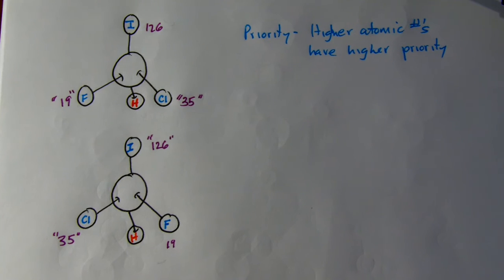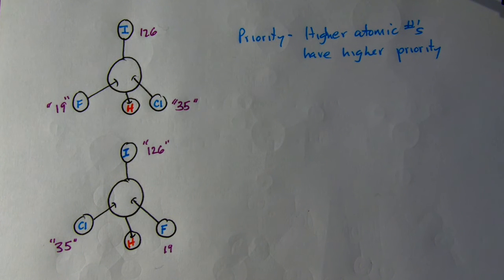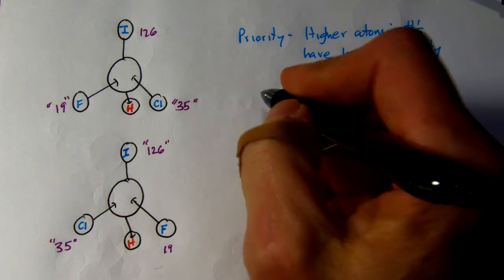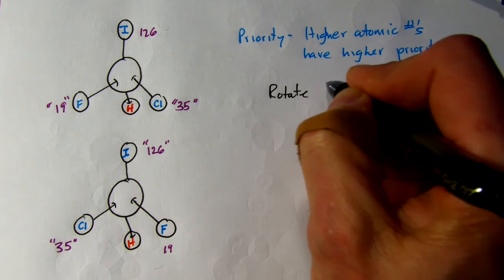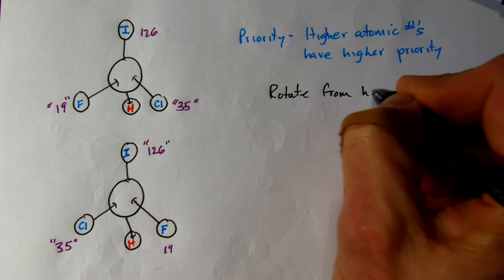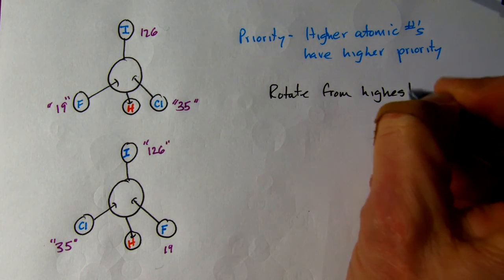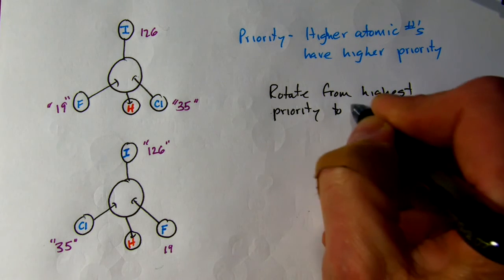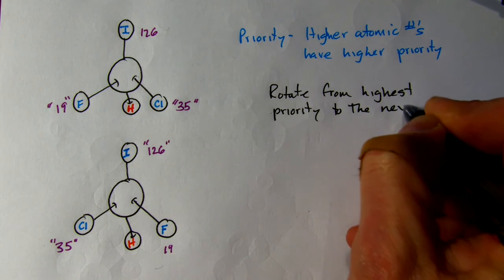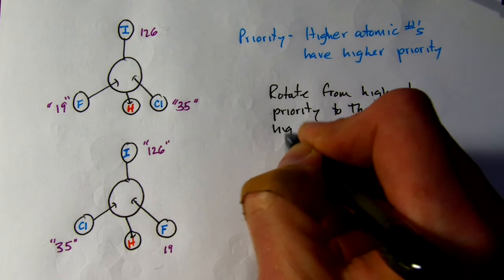Okay, so now we have these two arrangements here, and the R and S designations basically say this, that we rotate from highest priority to the next highest, and so on.